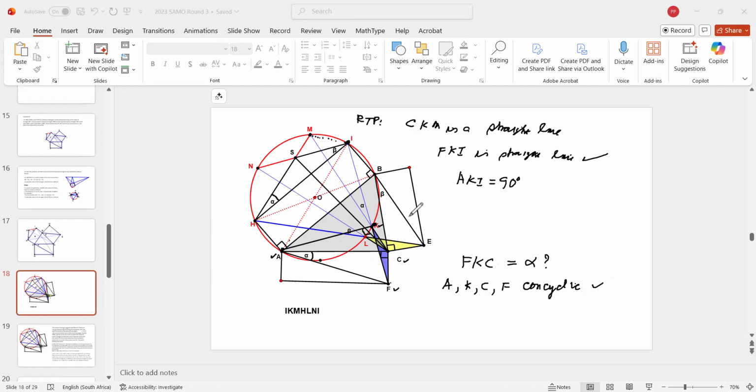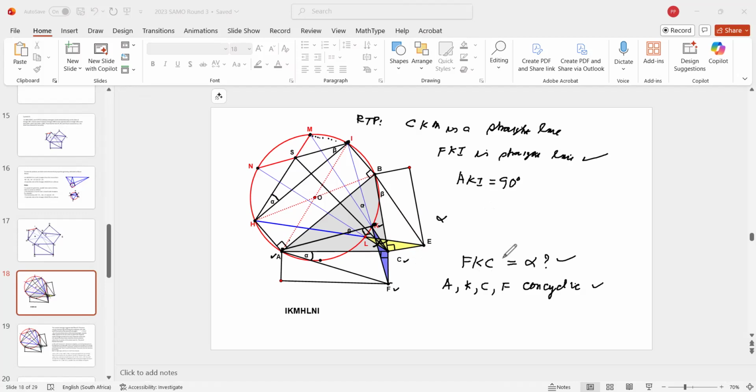But the moment you can conclude that it's concyclic, then you can say that CF subtends equal angles at A and K. But CF subtends alpha at A, therefore CF subtends alpha at K. So in short, this angle here is alpha. But now these are vertically opposite angles, you see. That's what we needed to show: if FKC is equal to alpha. We have just shown it.